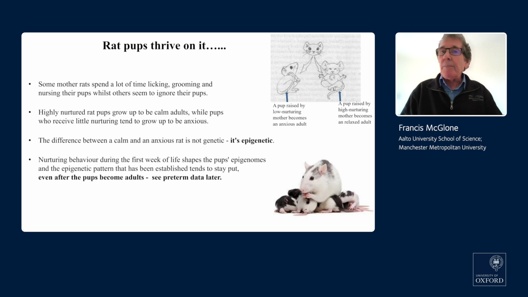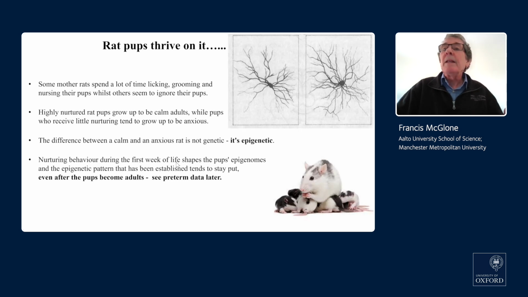Those rat pups that got a lot of licking and grooming, again stimulating this nerve fiber that responds to pleasant touch, grow up to be really chilled and not anxious rats, whereas the low touch group were stressed adults. The only difference is touch. That also affects the neuronal complexity in the brain as well. All of this stuff is published.